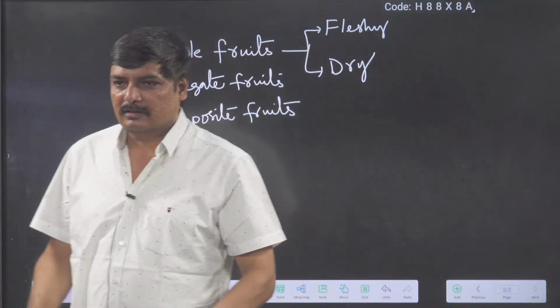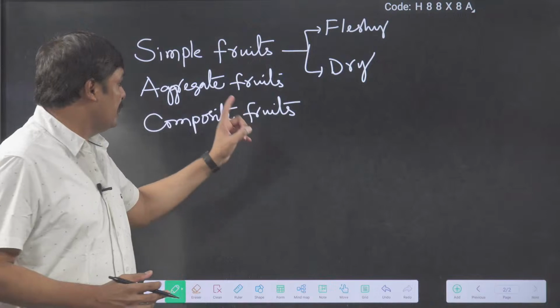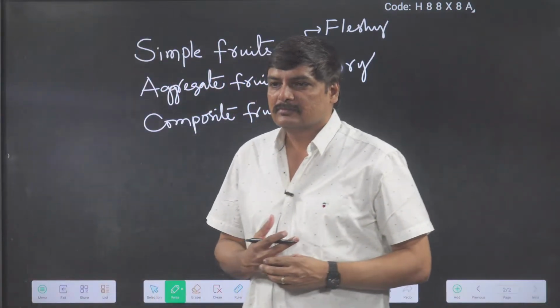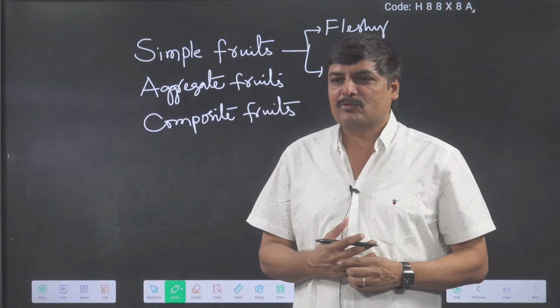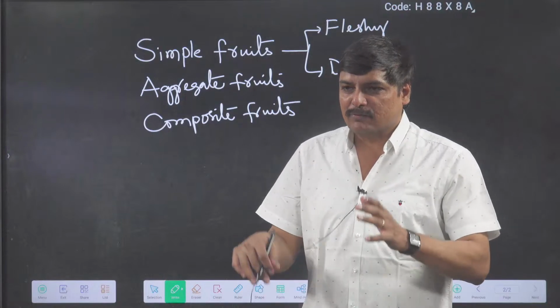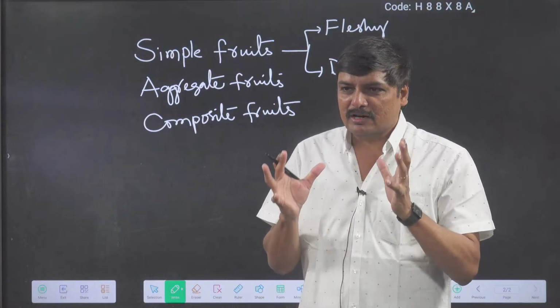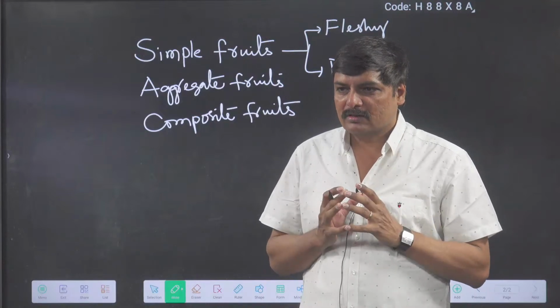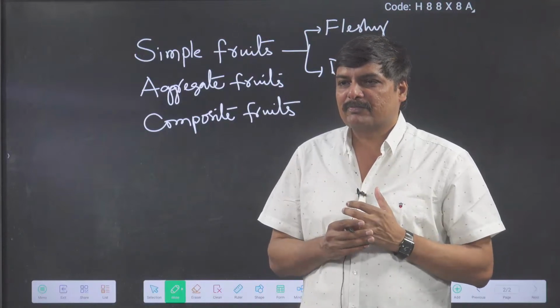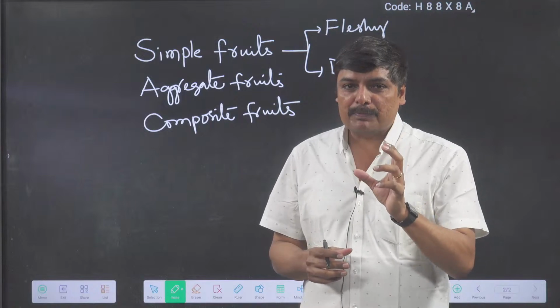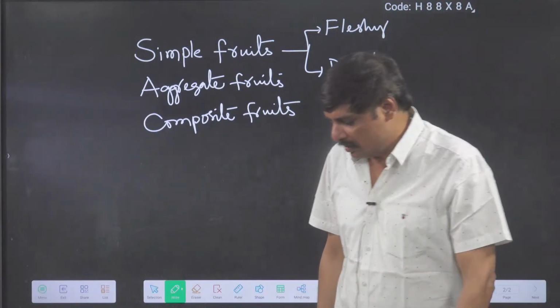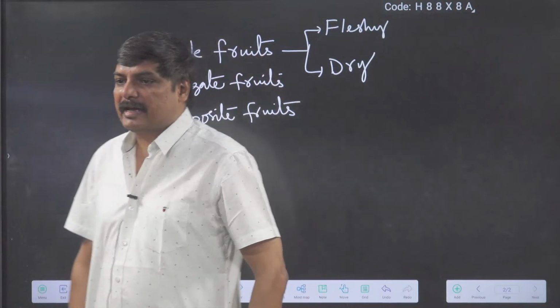Correct. Then tell me, what is aggregate fruit? The fruit which develops from apocarpous gynoecium of a single flower is called aggregate fruit.